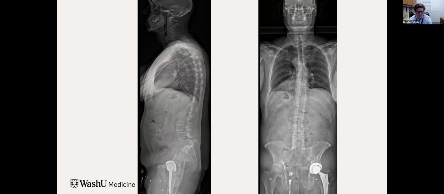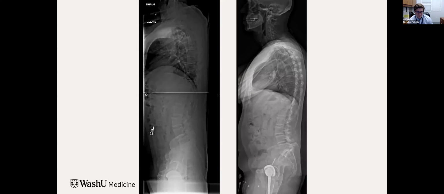His x-rays demonstrated a spondylolisthesis with some kyphosis at L4-5. You can see the ankylosed L5-S1 segment through the disc space, which leaves him fairly flat in the lower lumbar spine. And he does have some level of pelvic retroversion.